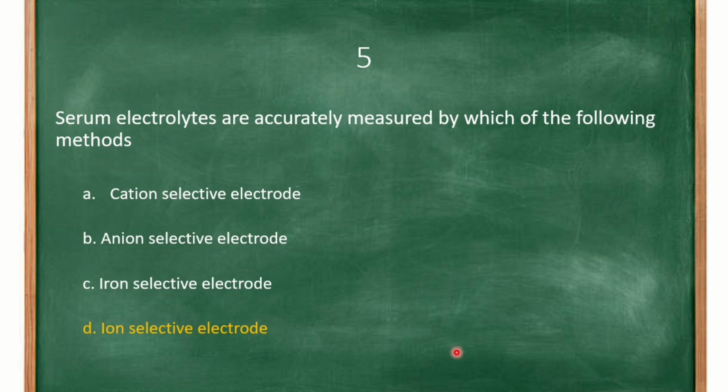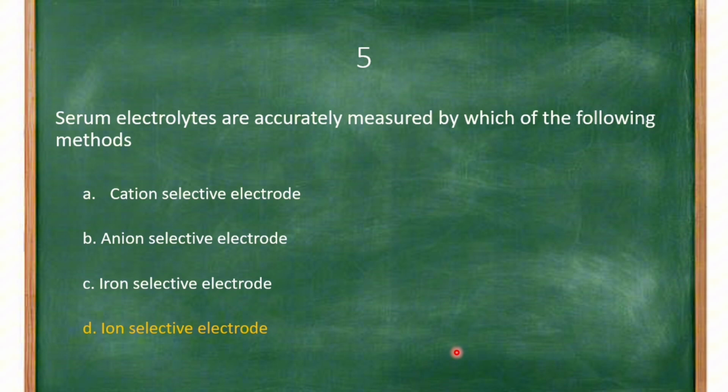So the cation selective electrode will be measuring something like sodium and potassium, and then the anion selective electrode will be measuring something like chloride. But in this question, it's more general, so we'll go for ion selective electrode, the ISE.